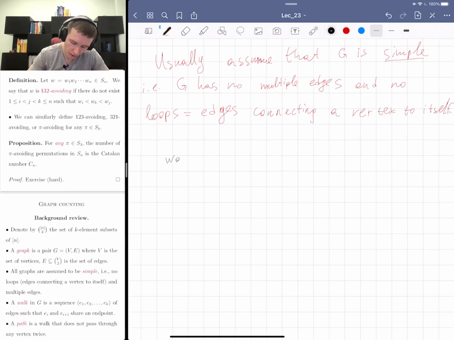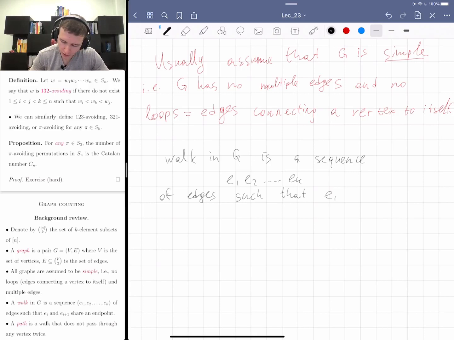A walk in G is a sequence E1, E2, etc., Ek of edges such that each Ei and Ei+1 share an endpoint.